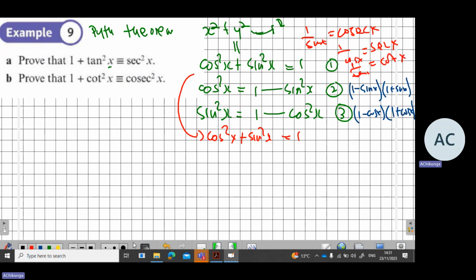All those reciprocal functions are very important to remember. So now, if you are looking at this, where possibly could tan come from? Definitely it came from this identity. There's no doubt about that.